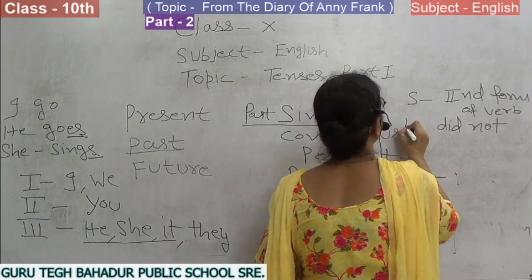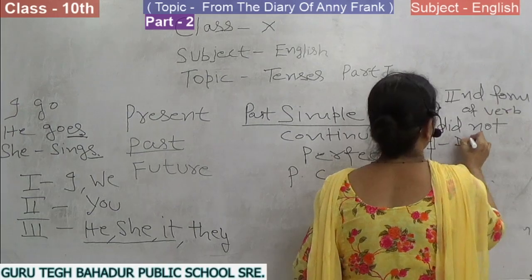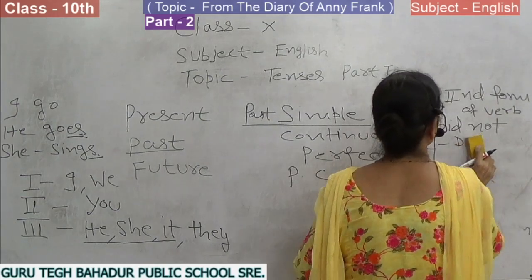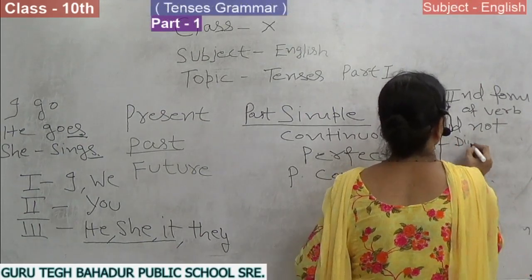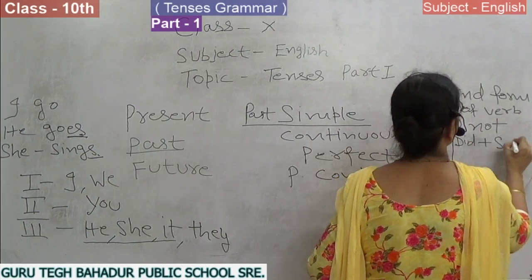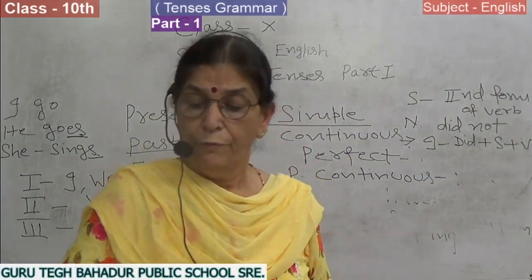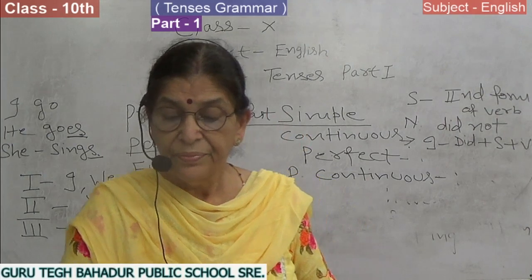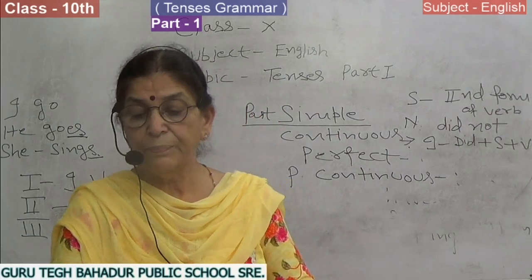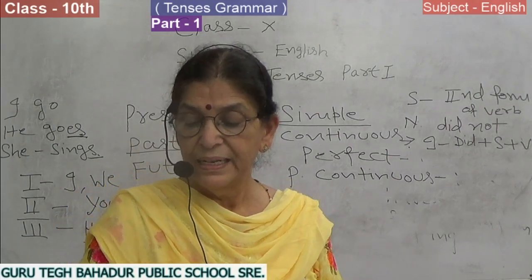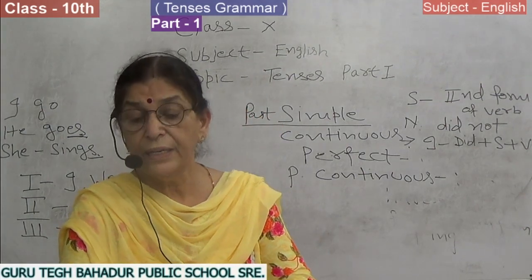Did not in negative, and did in interrogative, plus subject plus verb. So, the second form is only for the positive sentences. Did not plus first form for the negative sentences, and did plus subject and the first form for the interrogative sentences.